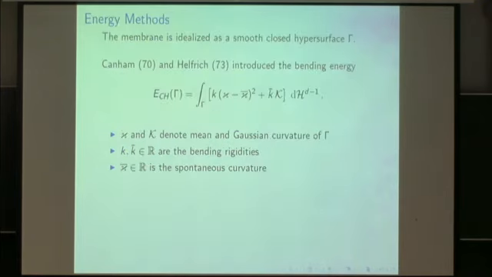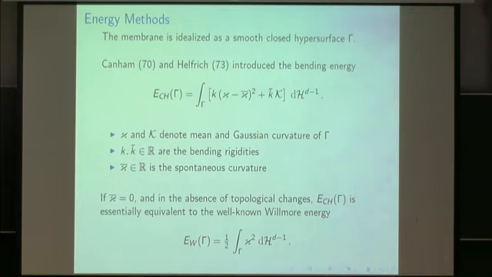Historically, people looked at equilibrium states for these membranes using energy methods. You define an energy for your membrane, and you do some gradient minimization methods to come up with equilibrium shapes. I'm sure you've seen the bending energy in some of the previous talks. Here you've got the mean curvature and Gaussian curvature, bending rigidities kappa and kappa bar, and a so-called spontaneous curvature.